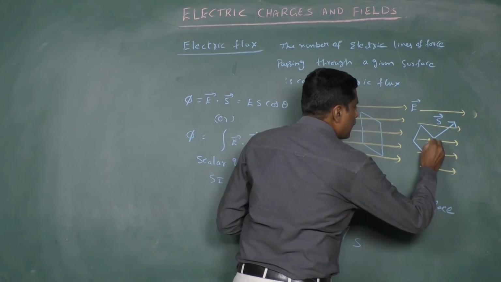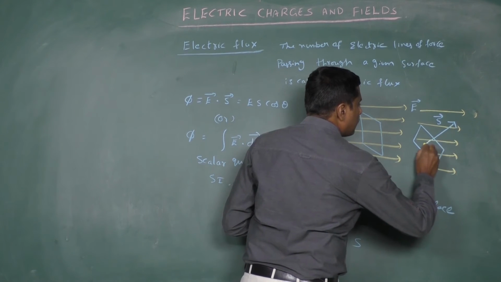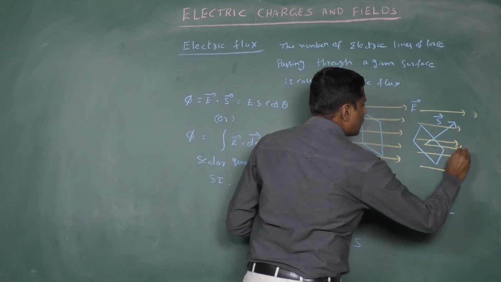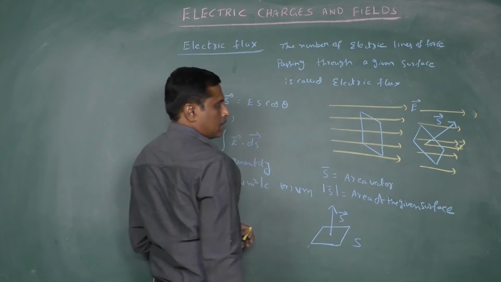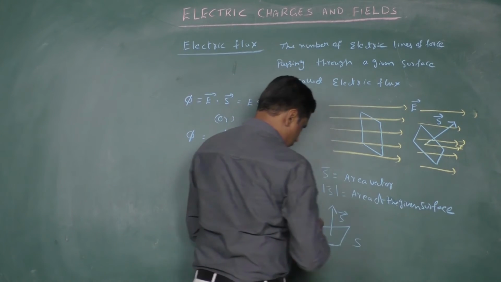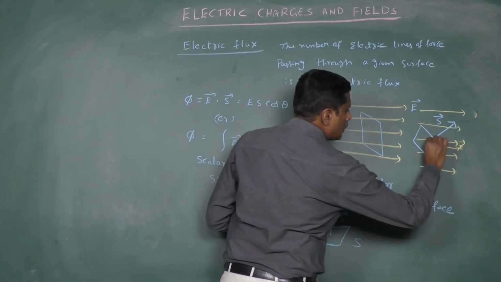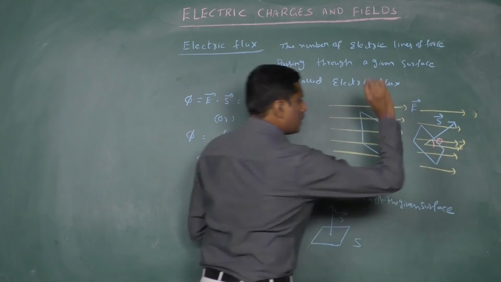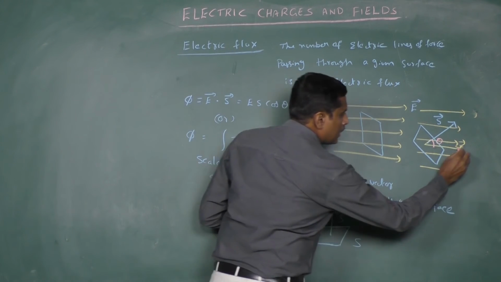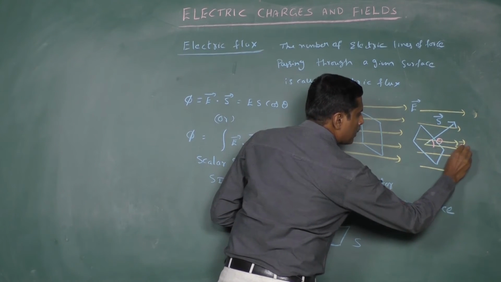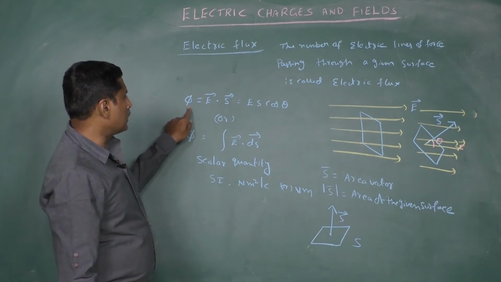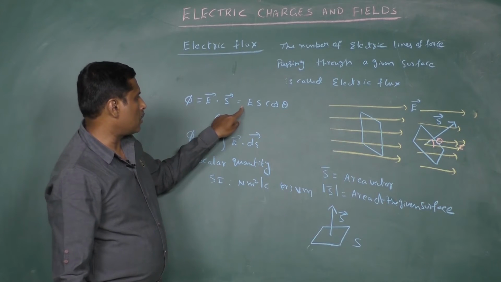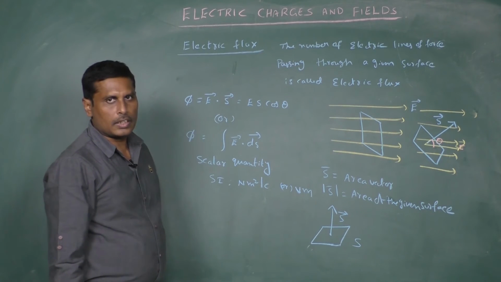But here the electric field vector is in this direction and S bar is taken in this direction. The angle between these two vectors is taken as theta, where theta is the angle between the electric field vector and the area vector. So phi is equal to E bar dot S bar, that is equal to ES cos theta.